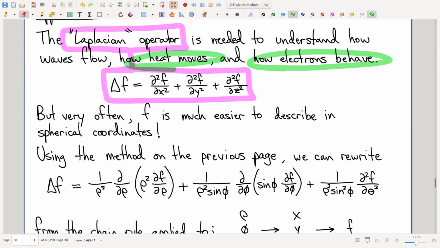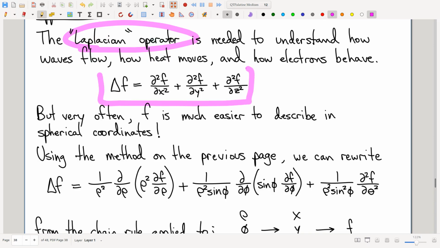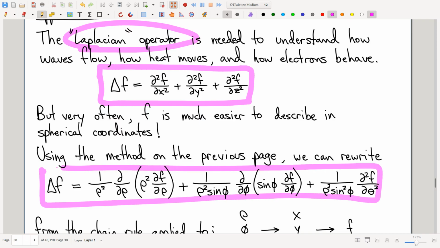And it turns out that you can rewrite the Laplacian, whoops, put this in purple. The Laplacian operator, which we initially write in rectangular coordinates like this, you can rewrite it in spherical coordinates like that, I claim. And there's a ton of algebra that goes into seeing how that works.